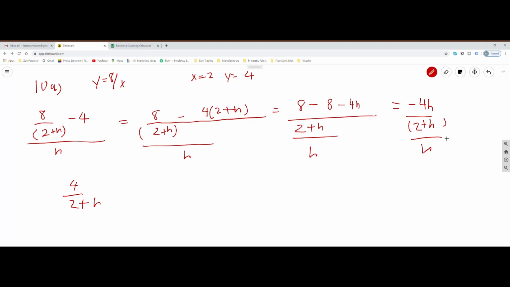Sorry, no, that's wrong. The h is here. So negative 4h multiplied by 1 over h, you get negative 4, 2 plus h. And when you substitute 0, you get negative 4 over 2, which is equal to negative 2.